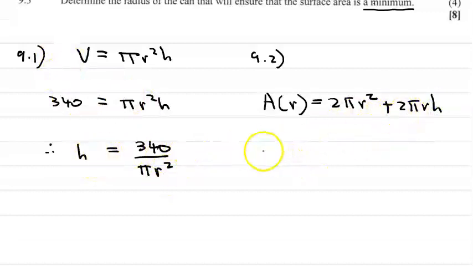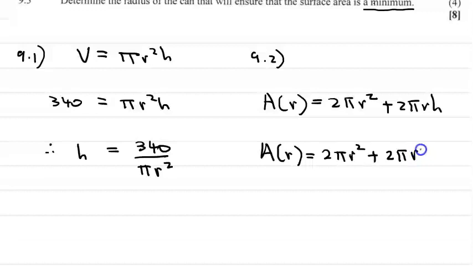So now we're going to substitute. Therefore, A of r equals 2 pi r squared plus 2 pi r, and let's substitute what we had for h, 340 over pi r squared.